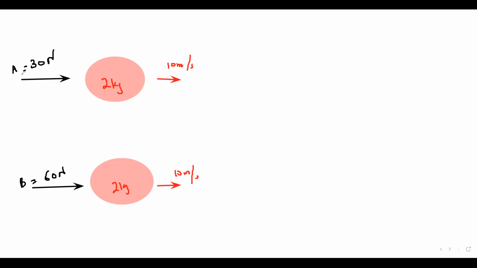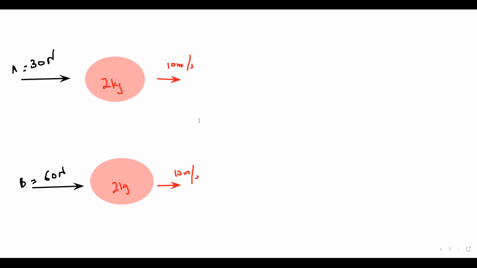And the force acts for the same time interval, like 30 Newton is acting for 5 seconds, 60 Newton is also acting for 5 seconds. So which object will have a greater change in momentum?